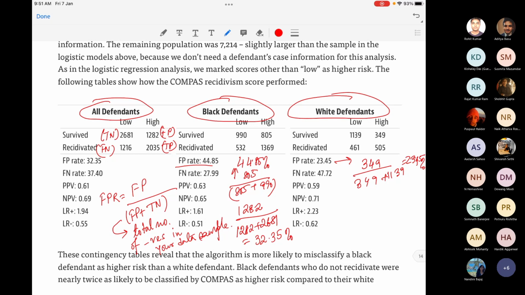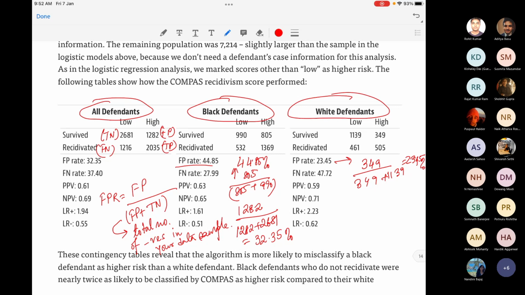So basically, blacks are adjudged to be at a higher risk by the COMPAS software 2 times as often as the whites. They are wrongly adjudged to be at higher risk, and this is 2 times more than the whites are wrongly adjudged.